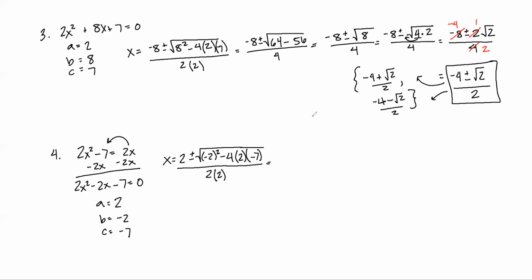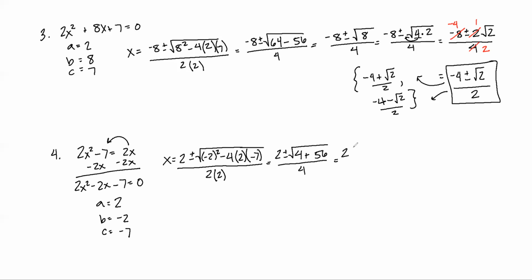So now simplifying, let's look at the inside of the radical. -2 squared is 4. And then we have a negative and a negative. That'll make a positive. 4 times 2 is 8. 8 times 7 is 56. All over 2 times 2, which is 4.